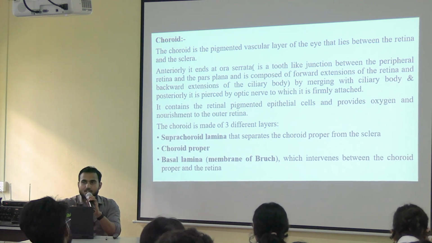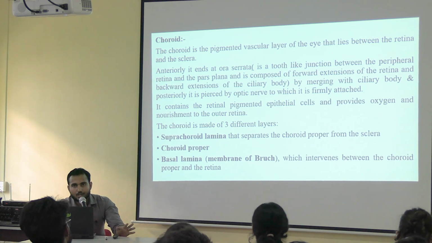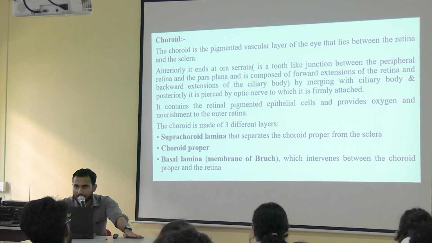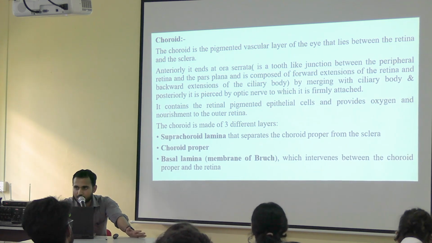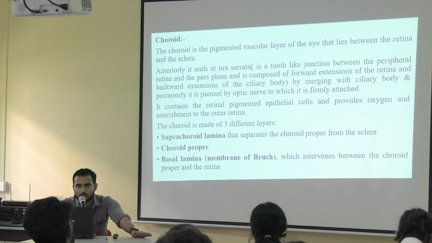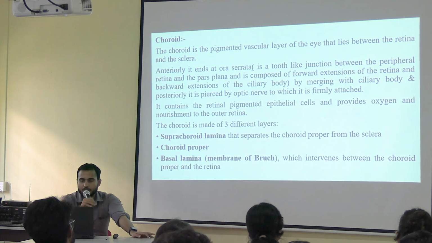Anteriorly it ends in an area that is called ora serrata. Ora serrata is actually a part of retina. Now I am not going into that, but we will be discussing what ora serrata is.